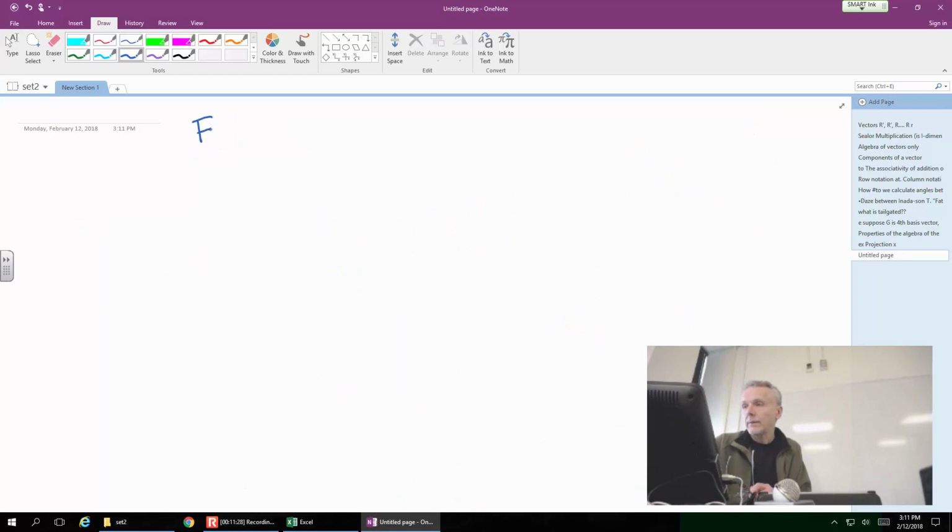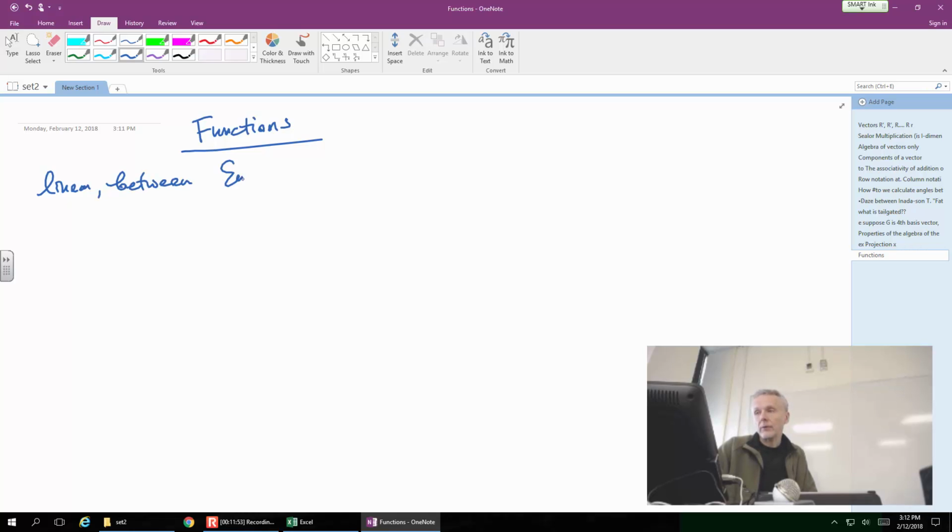Predictably, functions. We cannot really do anything without functions. We limit ourselves to linear functions, of course, but the dimensions go straight up. So functions that are linear, and what that means will be explained, between Euclidean spaces.